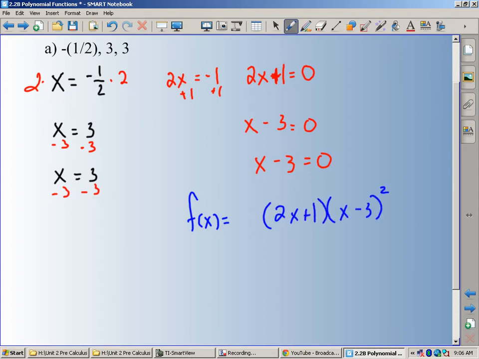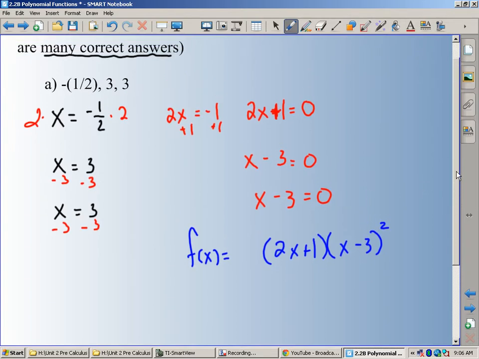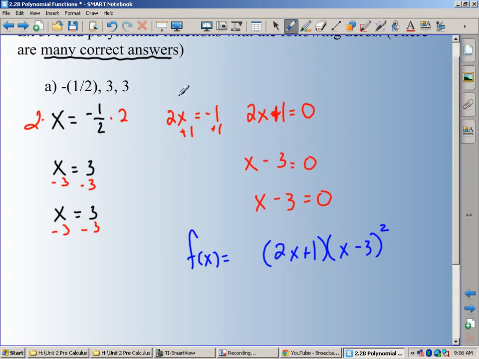Multiplicity of 2. And then up above here, you see there are many correct solutions, because remember, when we're writing these, we need to keep in check the fact that there might be a stretch or compression in this graph. And so I have to put an a value. Now the only way I'm going to be able to find the a value is if I have an ordered pair that the graph goes through. Since they did not give me an ordered pair, that's where the many correct answers come from.